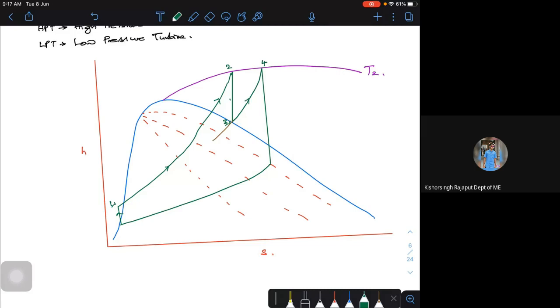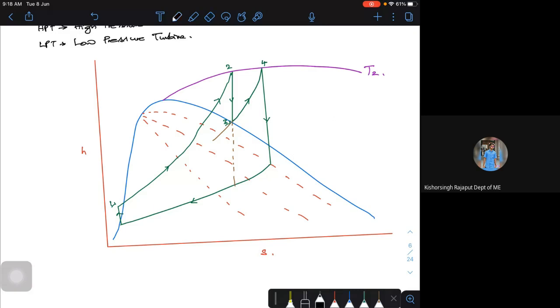This is the expansion in the high pressure turbine. This is the expansion in the low pressure turbine. If I would have followed a path without reheating, I would have reached this dryness fraction. So my dryness fraction at this particular point is x.